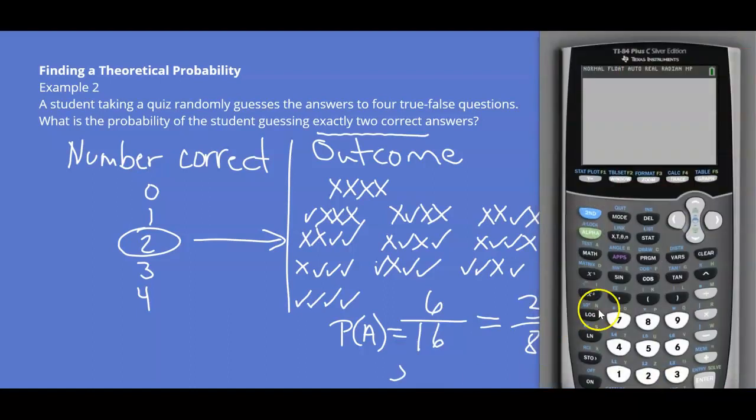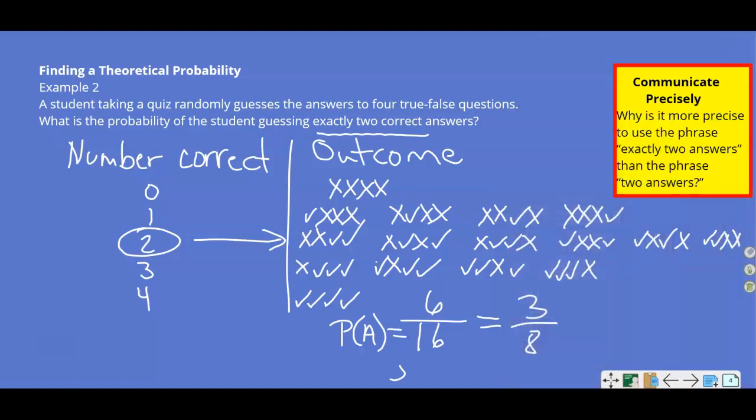If we want to look at 3/8 as a percentage, which we often do with probabilities, we just type in 3/8, and that gives it to us as a decimal. To change this to a percent, we move the decimal over 2 places. So 37.5%.